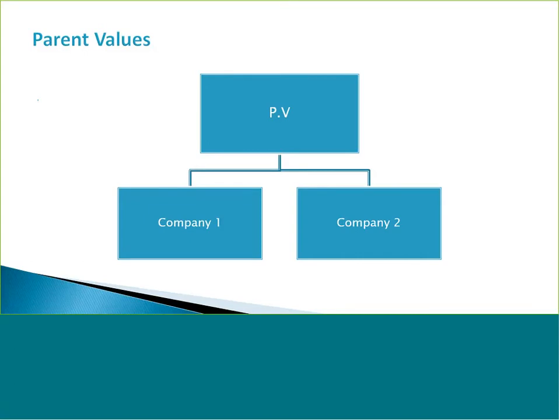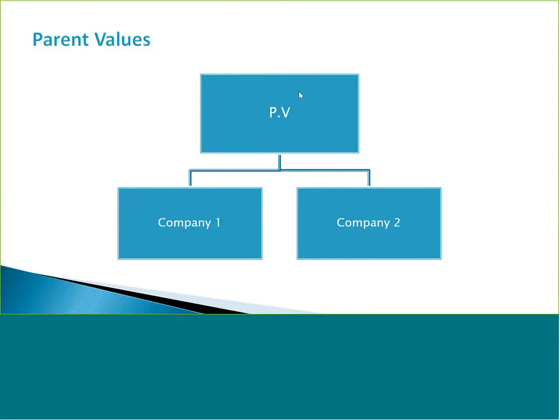This is a diagrammatic representation of what a parent value looks like. So you use a parent value to put one, two or more values. You can even have one at some point in time, but you use a parent value to put one or more of the values in your value sets under this one parent value.